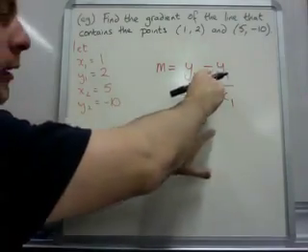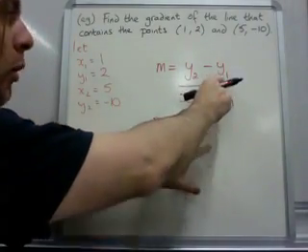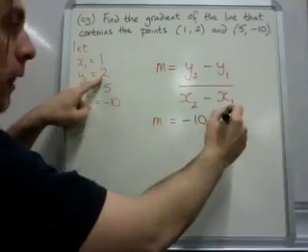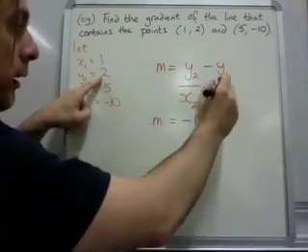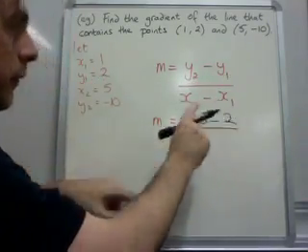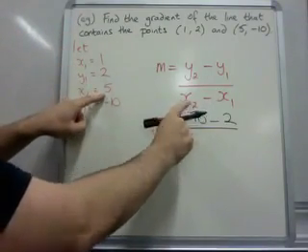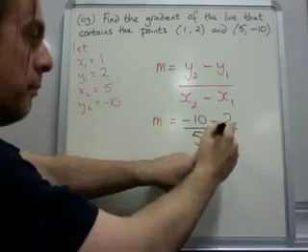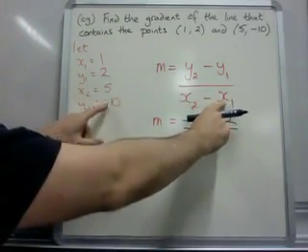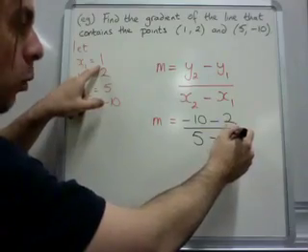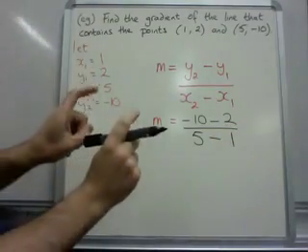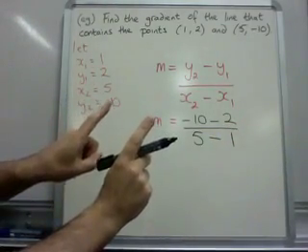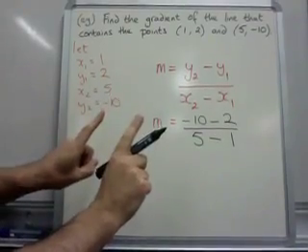A minus sign is a minus sign. y1 is 2. The bar line. x2 is 5. The minus sign is a minus sign. The x1 is 1. Using Peter and Paul will stop you from making copy errors. Thank you, Peter and Paul.